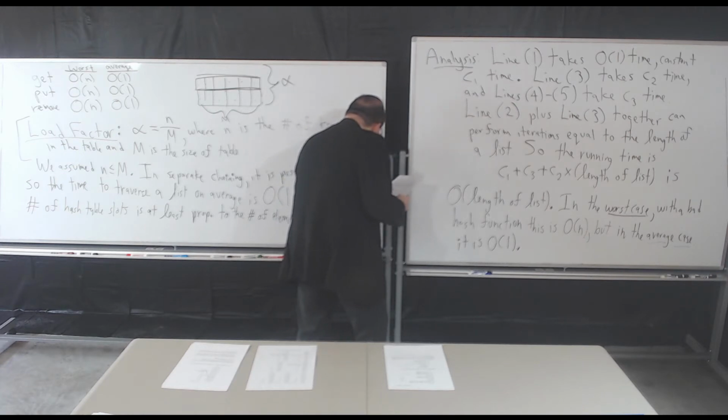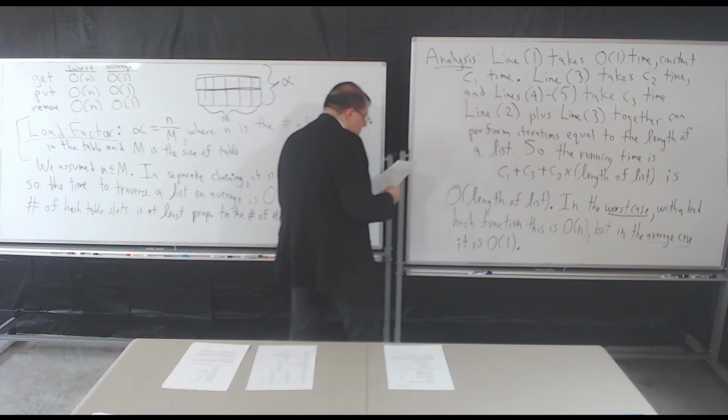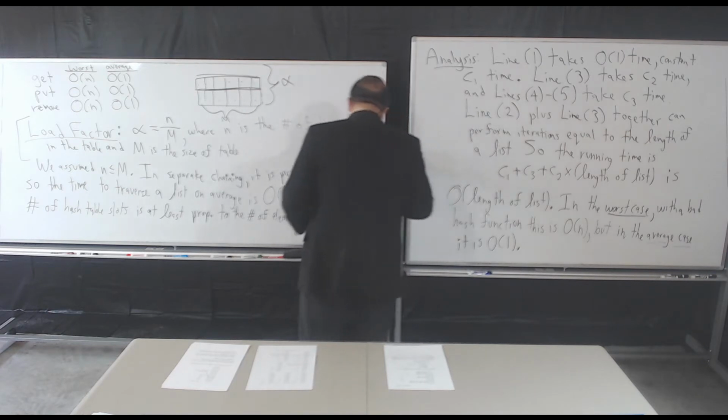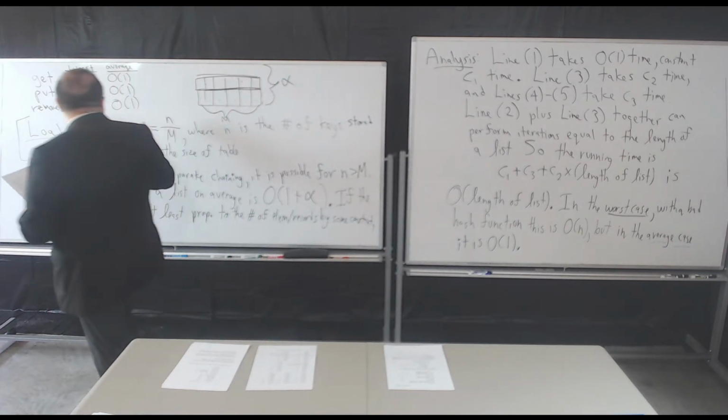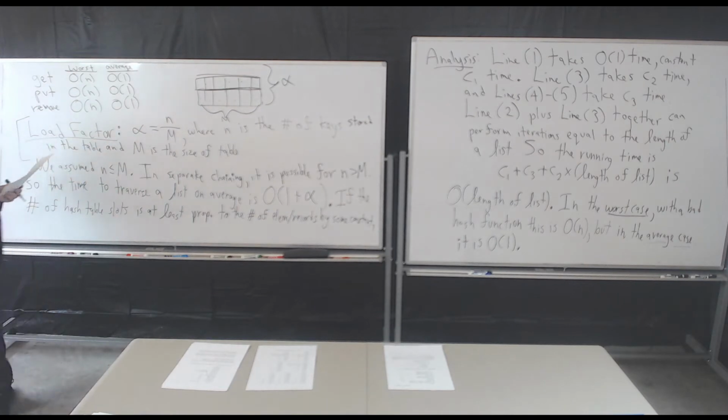So imagine that n is, say, 3 times m. So what should I expect on average then?